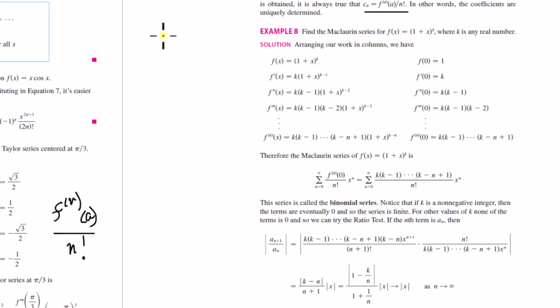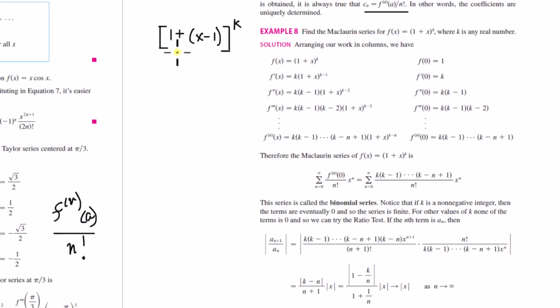Well, okay, we do this: 1 plus (x minus 1) to the, I'm just going to put k, but in this case, k would be 1/2 because it's the square root. But just think about this in general.